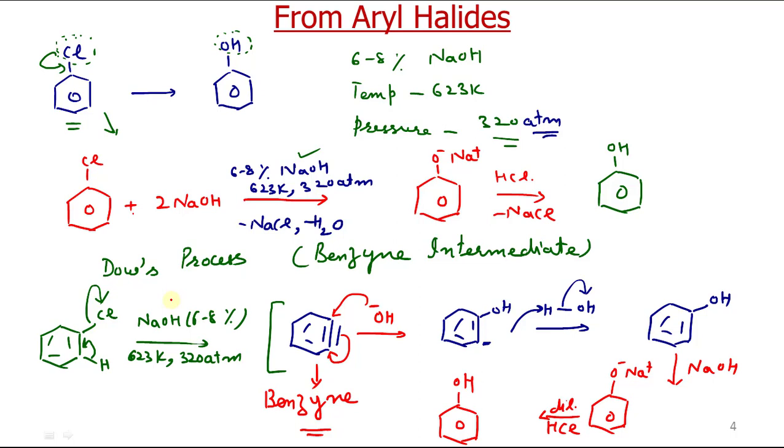This is somewhat different from alkyl halides because their reactivity is quite less, but we can enhance the reactivity of chlorobenzene if we have some substituents which can activate the benzene ring towards nucleophilic substitution reactions. So basically we require electron withdrawing groups on benzene.